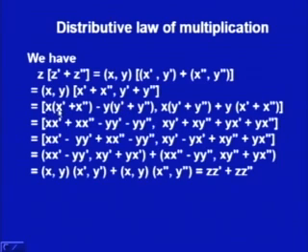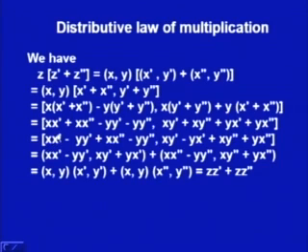So, x (x' plus x'') minus y (y' plus y'') as the real part, and x (y' plus y'') plus y (x' plus x'') as the imaginary part. Now, we can simplify it further in the next step: x x' plus x x'' minus y y' minus y y'' as the real part, and x y' plus x y'' plus y x' plus y x'' as the imaginary part.